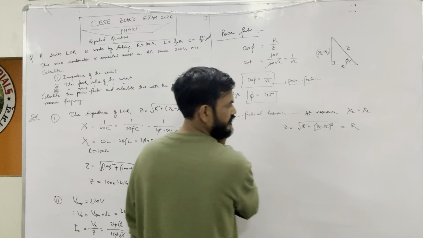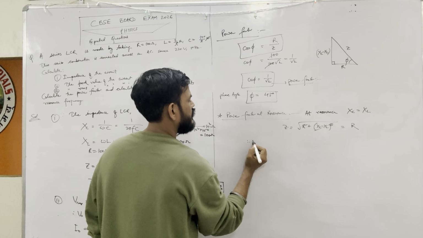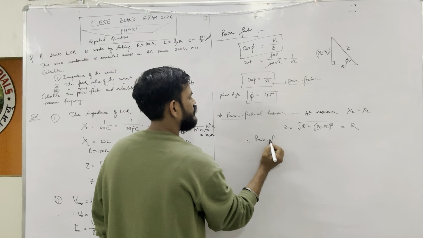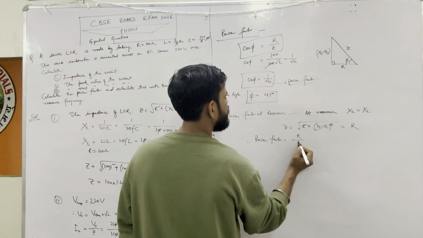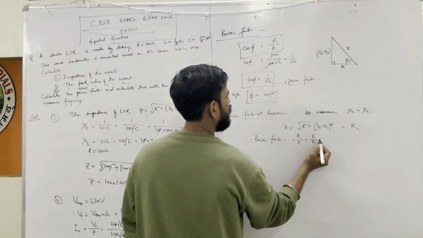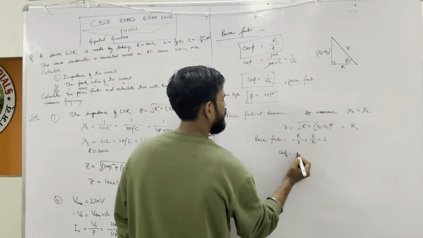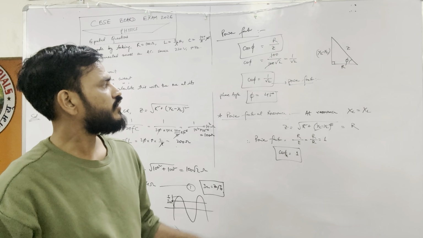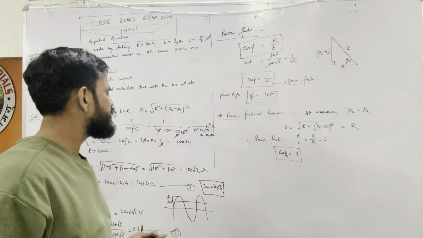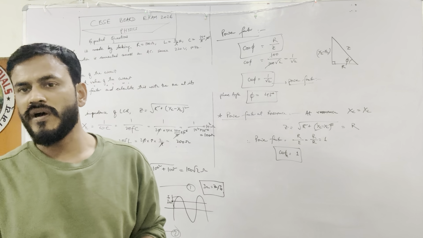So it is just R. So impedance is just R. So cos phi, therefore, power factor in this case will become R by Z, which is R by R, which is 1. So cos phi at resonance will be 1. So while power factor in the given case is 1 by root 2, at resonance it is always 1.